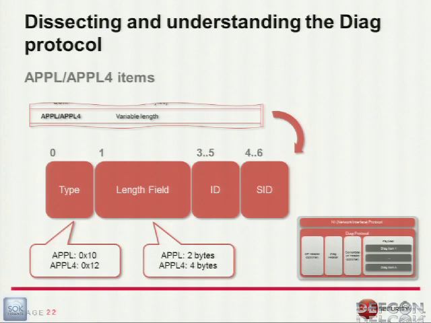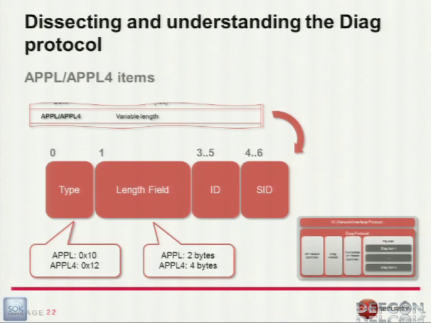So if you look at a diag packet, you can find several different items and several different APPL items, each one with its own meaning and its own format. So the combination is really big, and the complexity of each packet is also interesting.